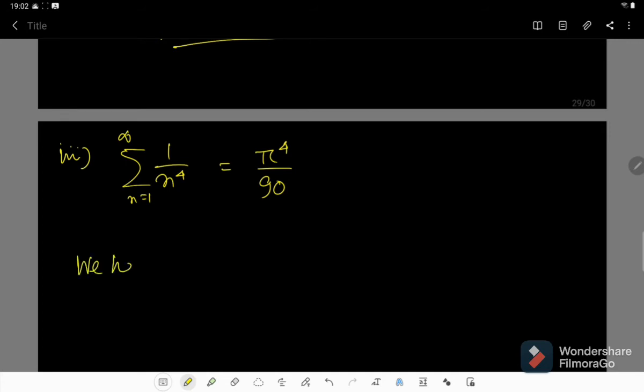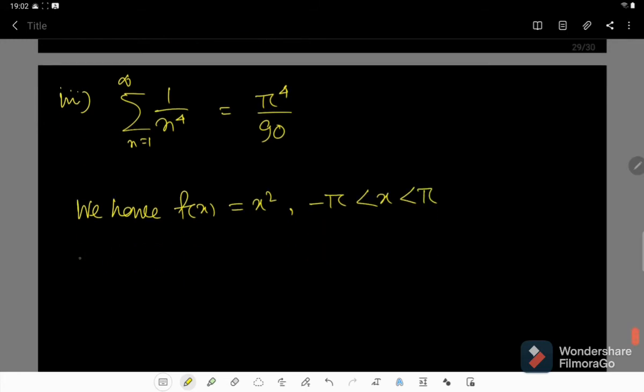We have f(x) is equal to x square, and the region is this. Clearly f square x, which is x to the power 4, is okay.